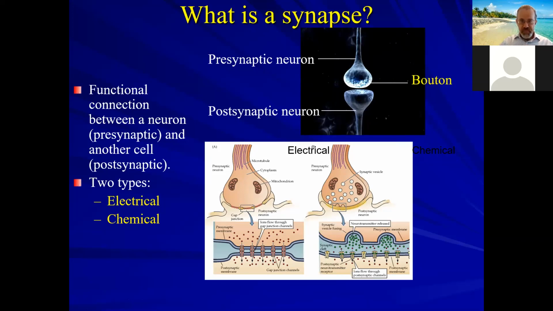And of course, that's where we have neurotransmitters or chemical messengers that are going to essentially exocytose. The vesicles are going to fuse with the membrane, exocytose the neurotransmitter, and that's going to interact with the next cell to continue or have an effect on the response, whether it's a muscle cell or other cells.